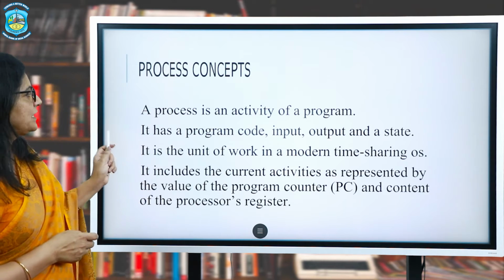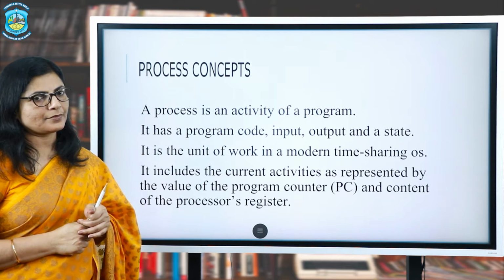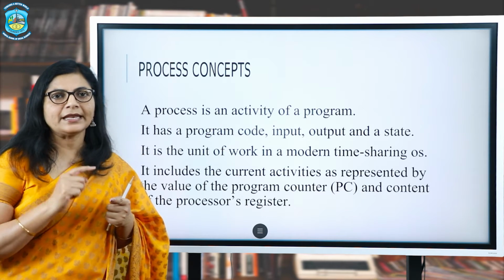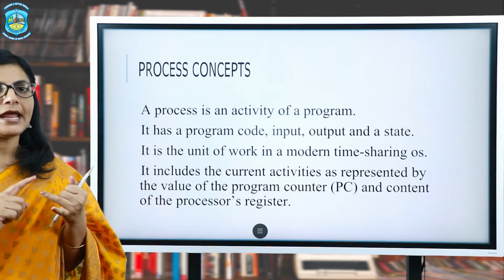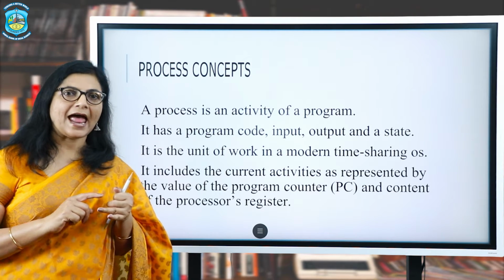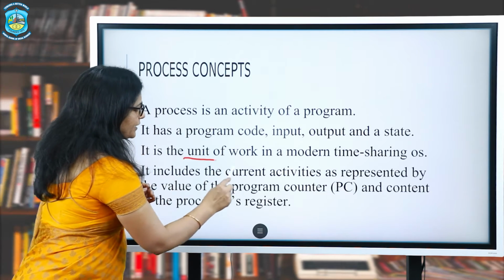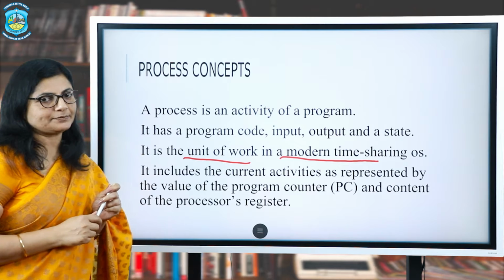So here we see that a process is an activity of a program. That means a process is a part of a program in execution, which has program code, input, output and a state. It is the unit of work in a modern time sharing operating system.